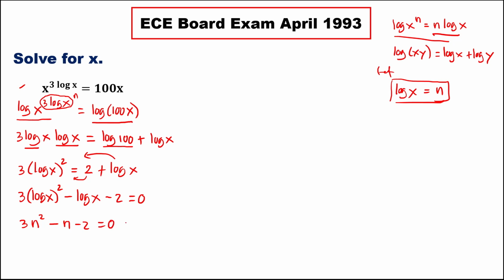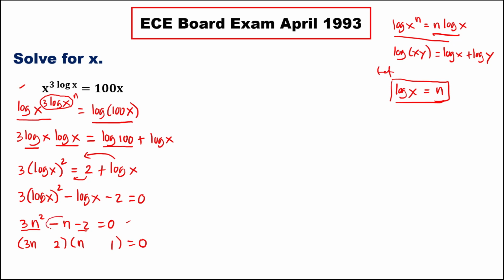So we have now this quadratic equation, so we can apply the quadratic factoring. For the 3n squared, the factors are 3n times n, and for the negative 2, this is 2 times 1.